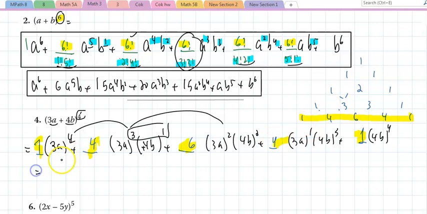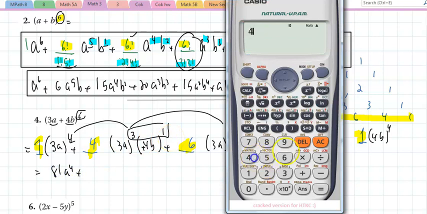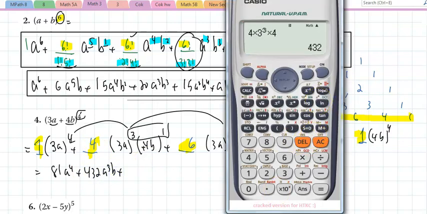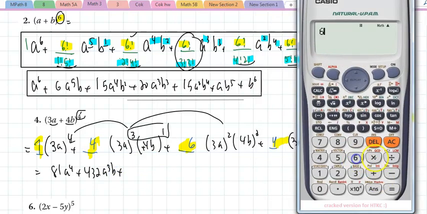And you could now say, well, 3 to the 4th is 81a to the 4th plus, and since you have a calculator, 4 times 3 cubed times 4. That is 432 a cubed b plus, and again, 6 times 9 times 16.